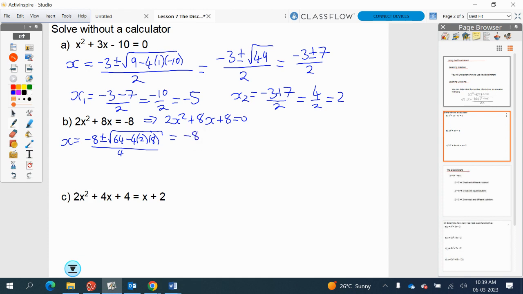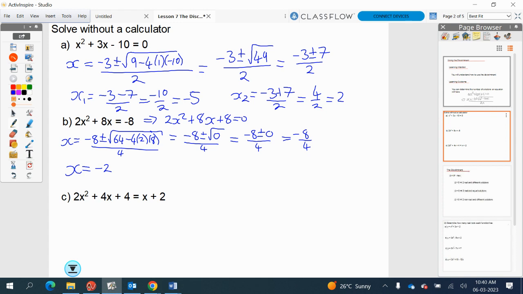And then we can get minus 8 plus and minus the square root of 0 over 4. Now the square root of 0 is 0, so we have minus 8 plus and minus 0 over 4. So negative 8 plus 0 is negative 8. Negative 8 minus 0, still negative 8. So this simplifies to minus 8 over 4. So we only get one solution this time. x is equal to minus 2.